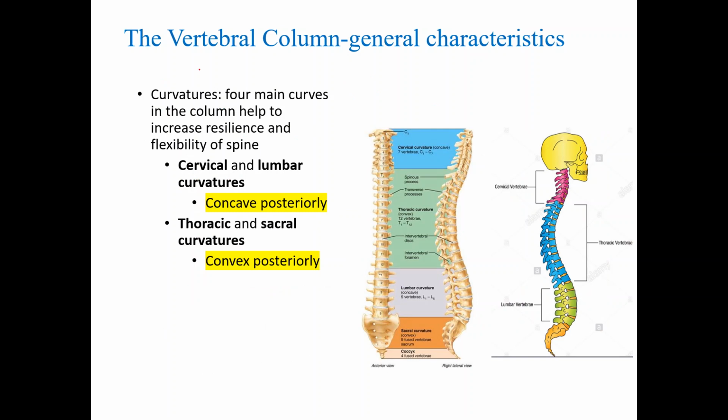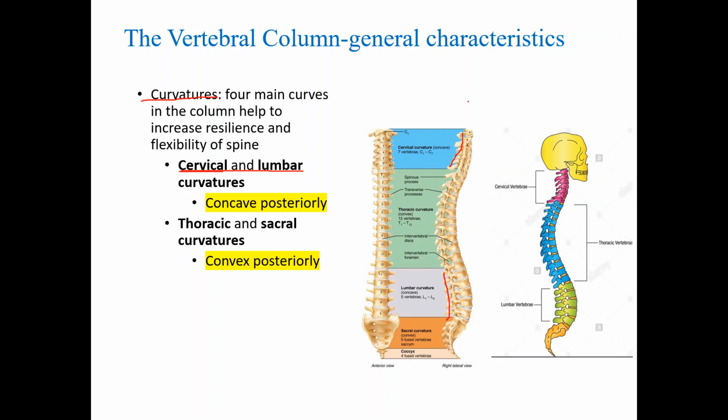So when we talk about the vertebral column, we can recognize curvatures of the column, and basically there are 4 major curvatures. The cervical and the lumbar we associate together, although they are actually distant from one another, because of the type of curvature that is present.